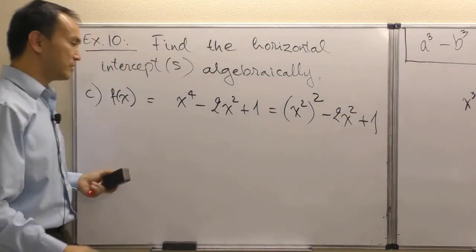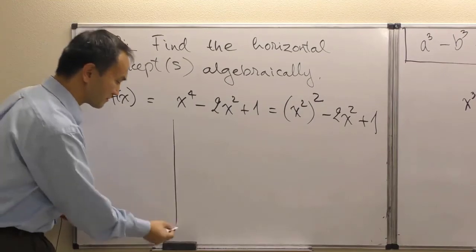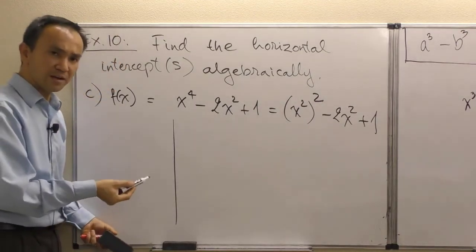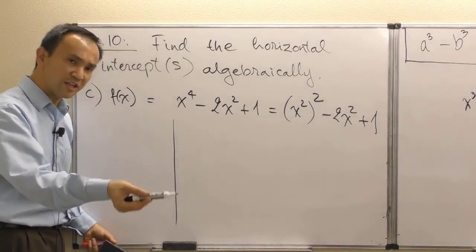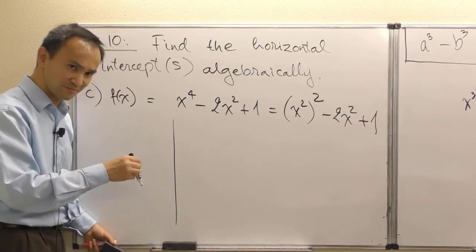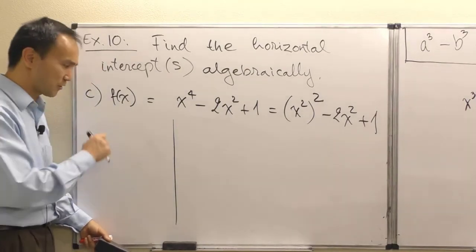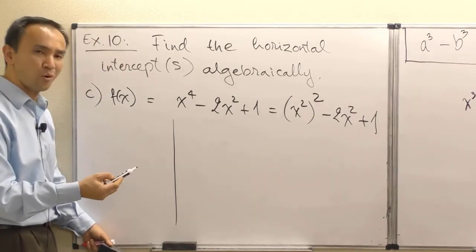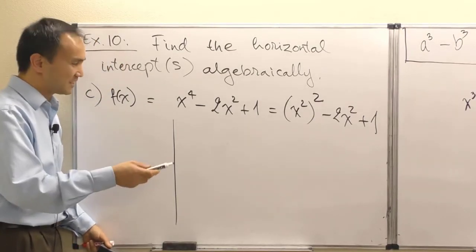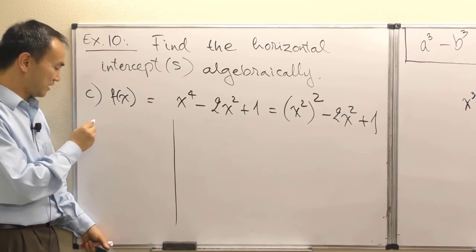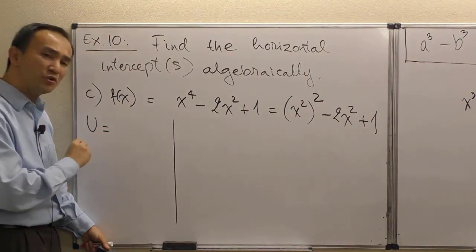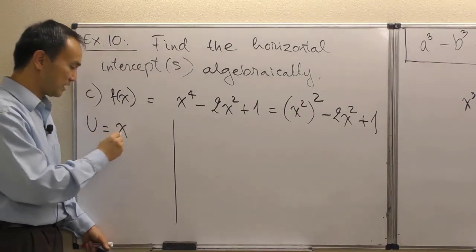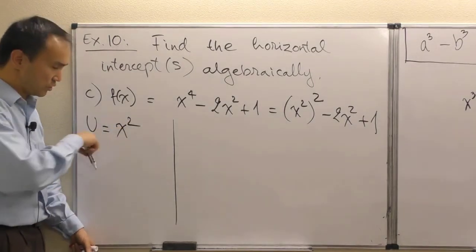It's also a method that was introduced in the earlier course, but sadly is not too emphasized. So here I'm just reminding you that you also have this option to handle your polynomial sometimes. I can use an external variable u, for example, to be x squared. So u equals x squared.